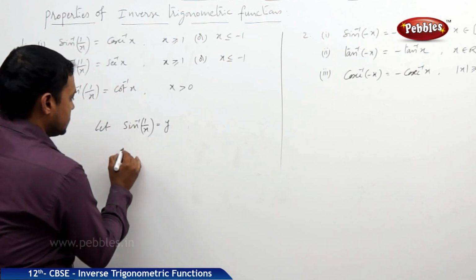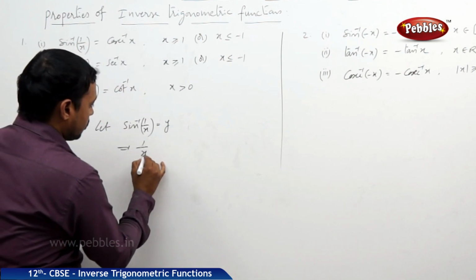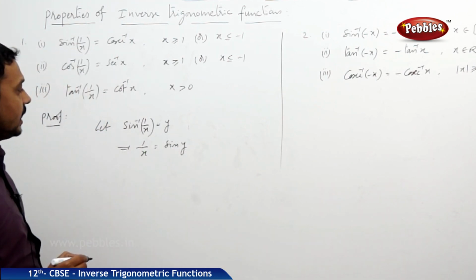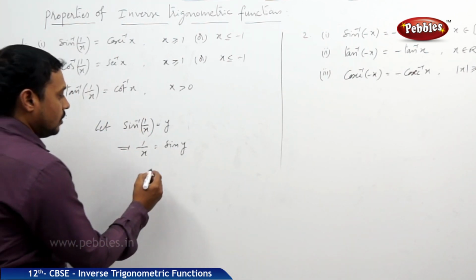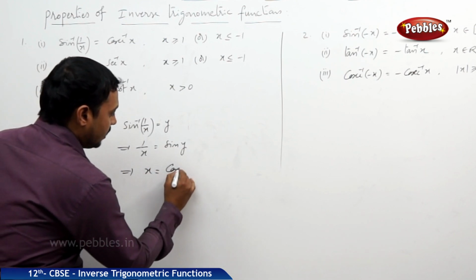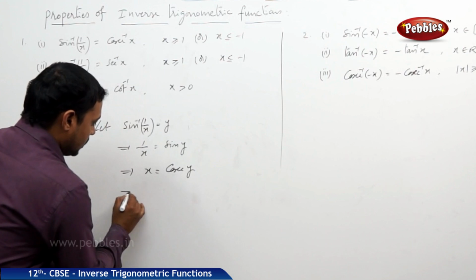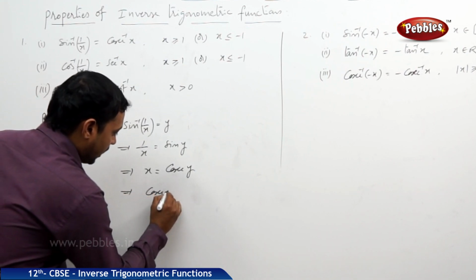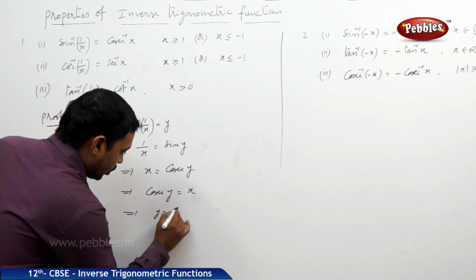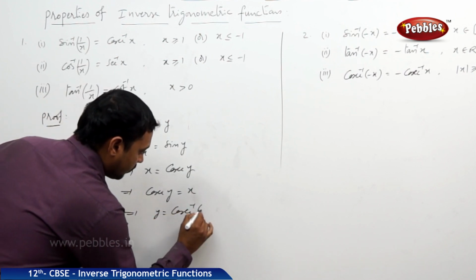Now, this implies 1 by x is equal to sin y. While taking the reciprocal, x is equal to cosecant y. Therefore, cosecant y is equal to x. Hence, y is equal to cosecant inverse of x.